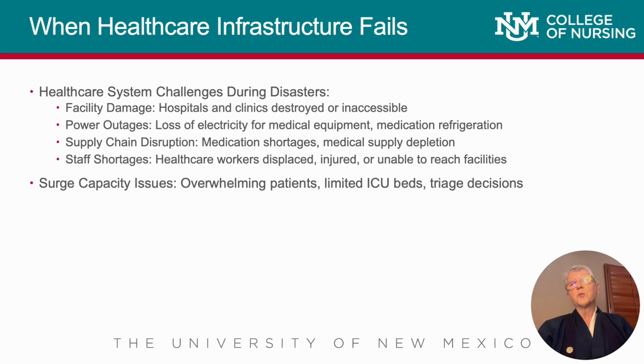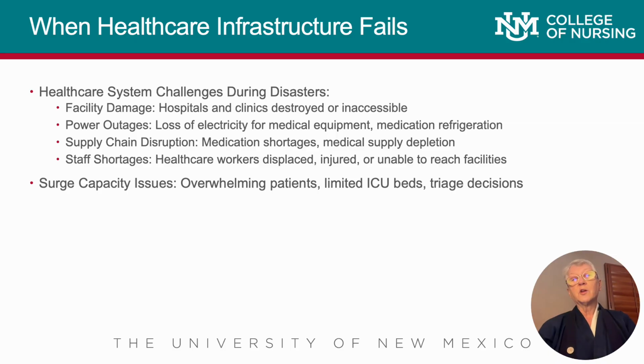Supply chain disruptions lead to medication shortages and depletion of medical supplies. And staff shortages occur when healthcare workers are themselves displaced, injured, or unable to reach facilities due to road closures or lack of transportation. Not to mention the fact that healthcare workers also have families.